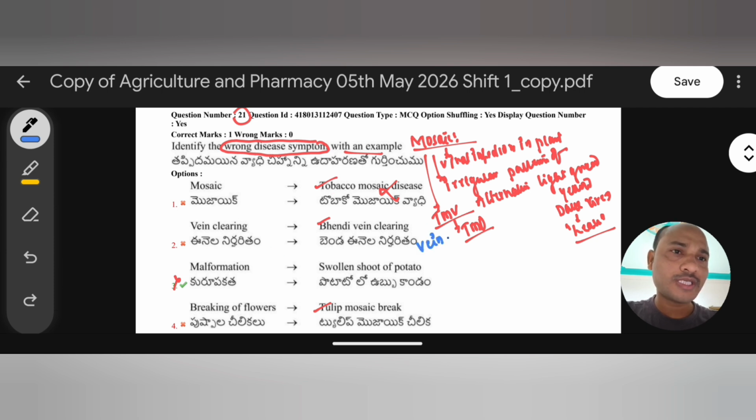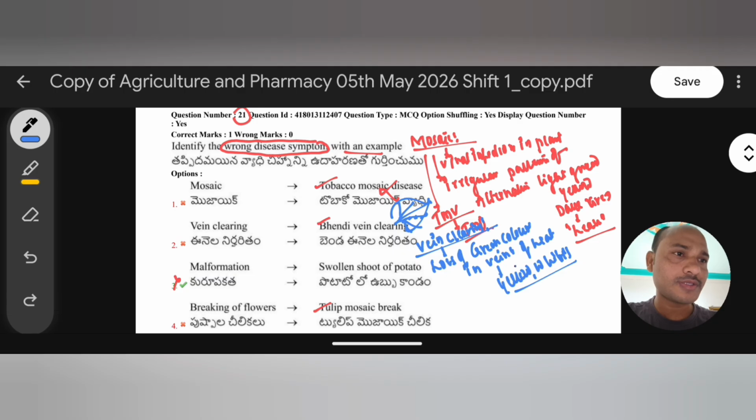Now coming to vein clearing. Vein clearing means loss of green color in the vein region of the leaf. We know that a leaf has veins, so at this vein region there is a loss of green color. Once there is a loss of green color in the veins of the leaf, they appear yellowish white in color. Why?